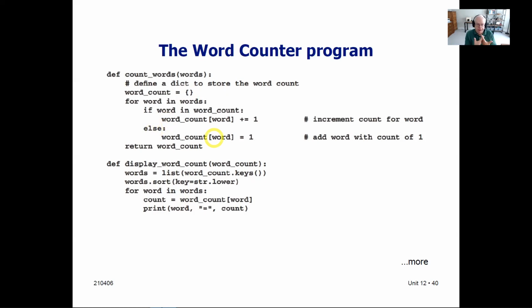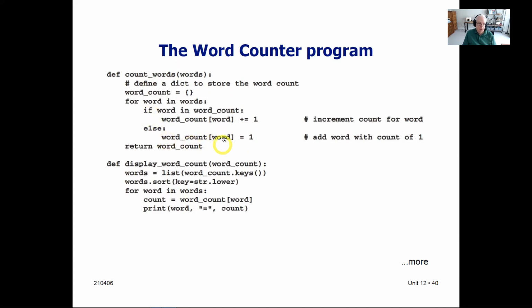Hopefully you figured out that in this dictionary we're creating, the keys are the words. All the word strings are keys, and the value is the count, the number of times that the word is in the Gettysburg Address. Okay, so else we want to create the key and we want the value to equal 1.